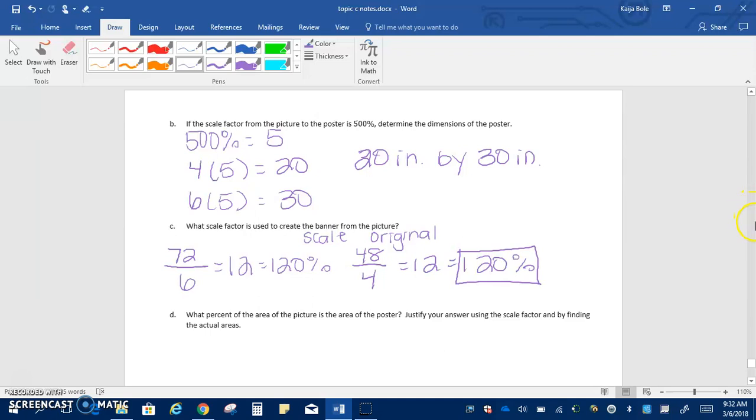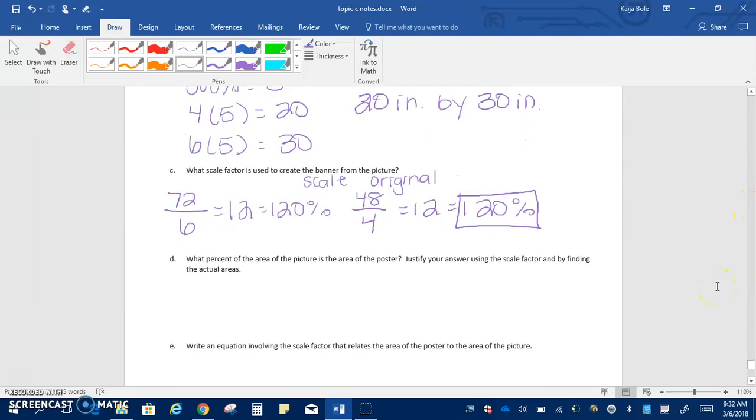Okay. D says, what percent of the area of the picture is the area of the poster? Justify your answer by using the scale factor and finding the actual areas. So, we are back to our is over of. So this is our is and our of, so we're going to use our proportion. But first we need to find the two areas.